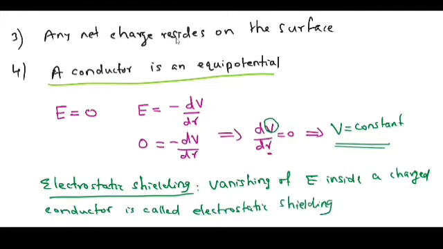If the surface of the conductor has a constant potential, then the electric field does not enter inside the conductor. Therefore, the electric field will always be 0 inside the conductor.